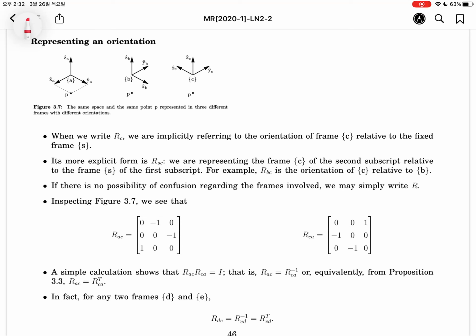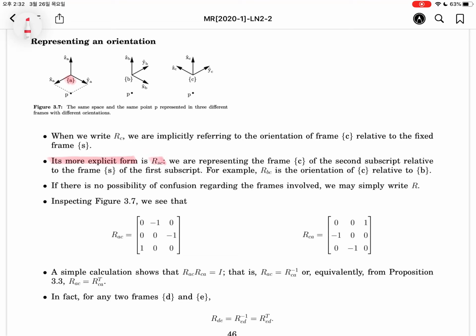Like this, we can express the orientation by using a rotation matrix. Okay, in a more explicit form, in here we assumed that the space frame is already aligned to S on the previous page. How about RSC?